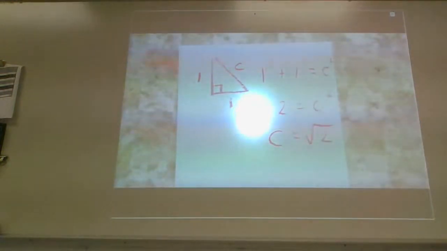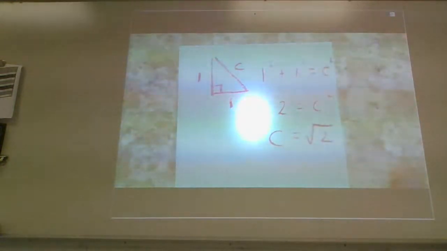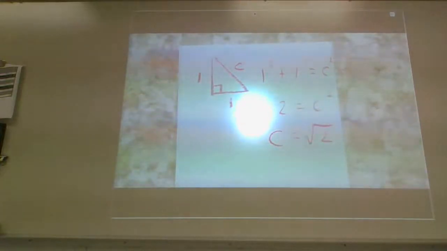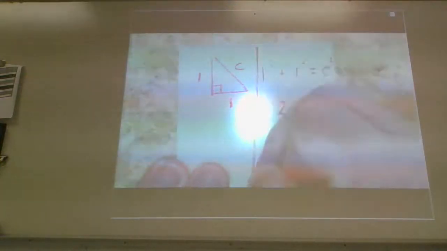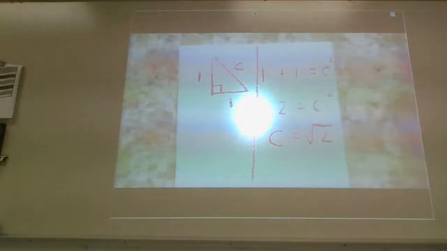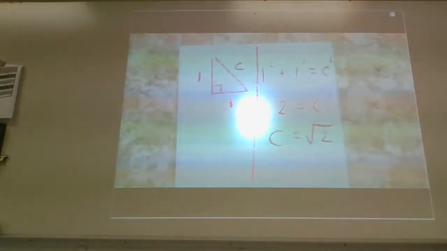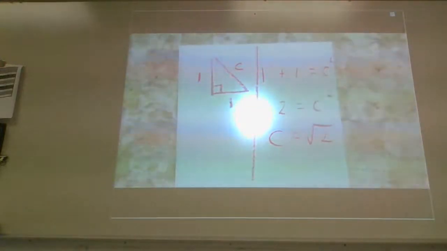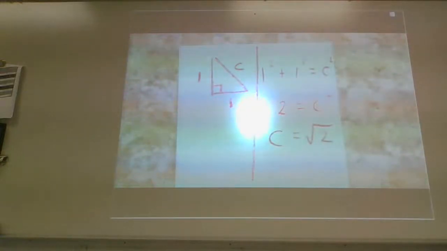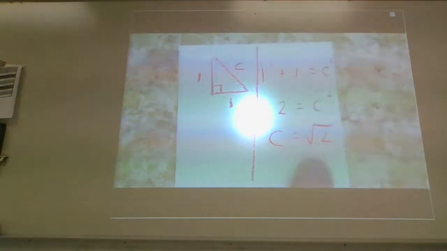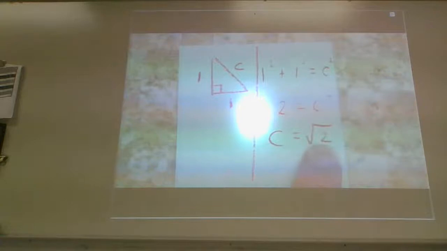And you look at that today, and you're like, okay, yeah, I know the Pythagorean theorem. You know that a squared plus b squared equals c squared. I know the square root of 2 is a number. I know that the calculator can spit out that number. But the ancient Greeks had no idea what that was.